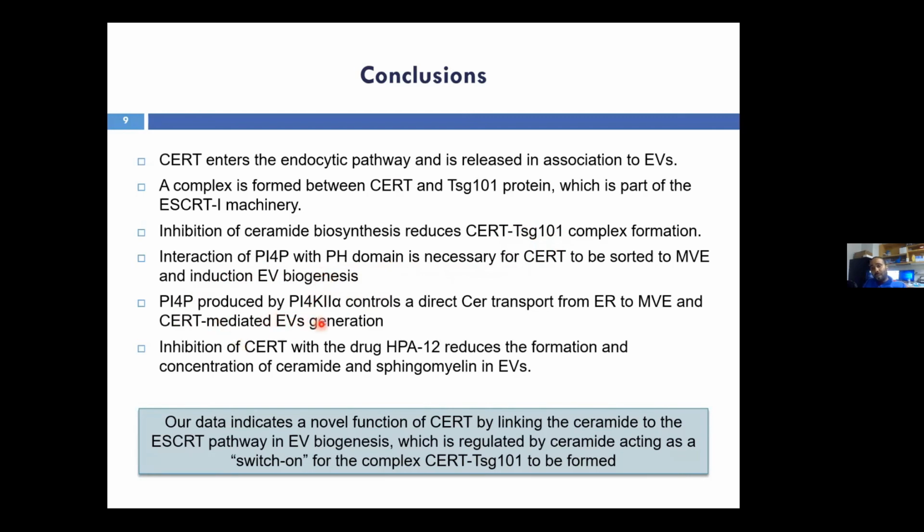PI4P produced by PI4 kinase 2 alpha controls a direct transfer of ceramide from ER to MVE and CERT-mediated EV generation. And inhibition of CERT with the drug HPA12 reduces the formation and concentration of ceramide and sphingomyelin in EVs. And so overall, this indicates that CERT may link the ceramide pathway to the ESCRT pathway by acting as a switch on for the CERT-TSG101 complex to be formed.